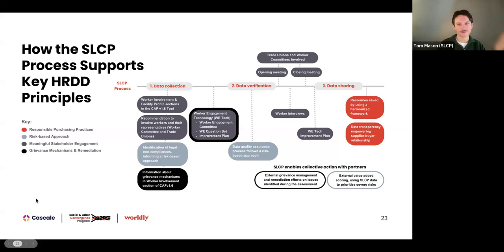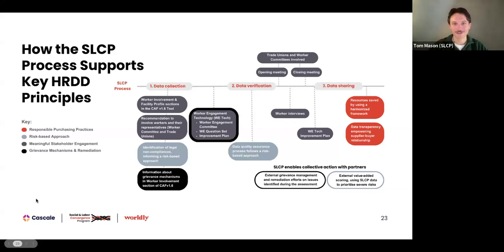So if there's an instance of forced labor, or if there's an instance of an issue that is easily resolvable, such as there's maybe not a guard on a machine, these are things that require very different approaches and preventative measures to ensure that they're not happening in a facility. And with this, the FSLM supports the identification of non-compliances, and it ensures through data quality processes that verifiers and stakeholders are taking a risk-based approach in the verification.